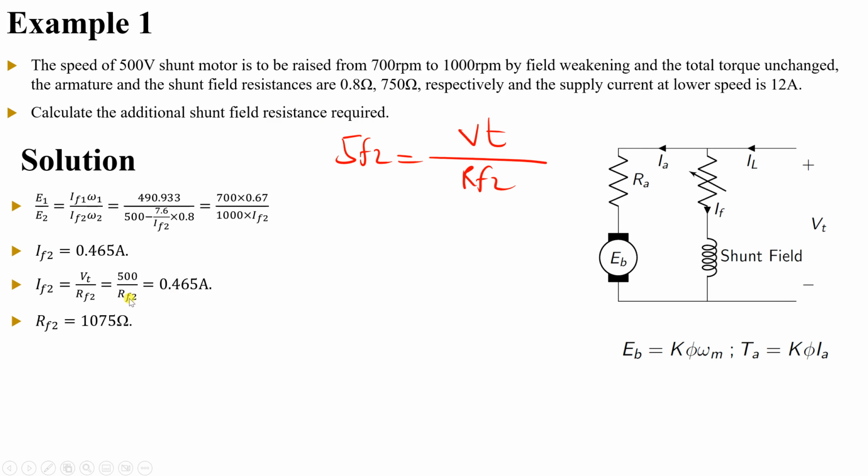We can get the resistance, 1075 ohms. So this is the new resistance. What is the additional shunt resistance? Our resistance was 750 ohms, now 1075. So the difference between them is our additional resistance, the resistance which we added.